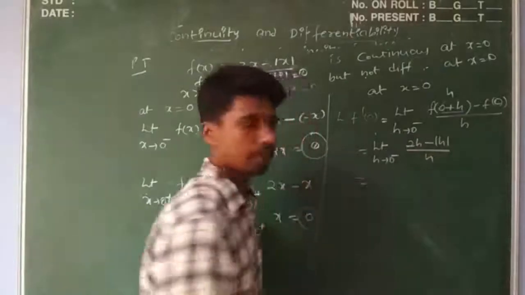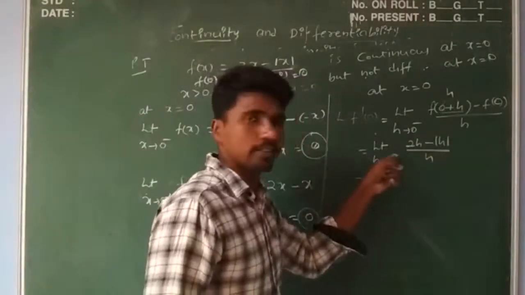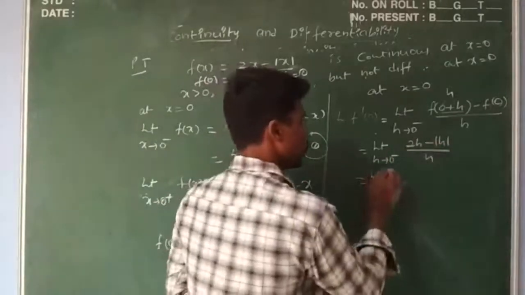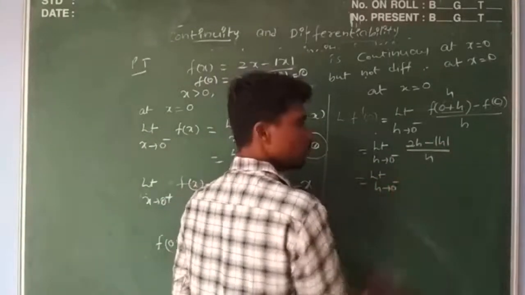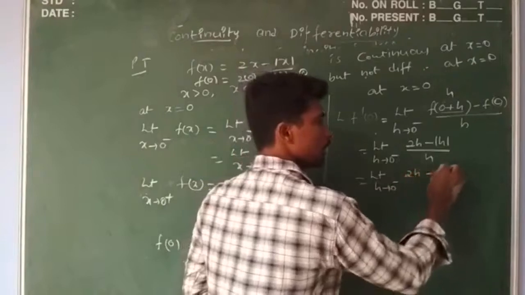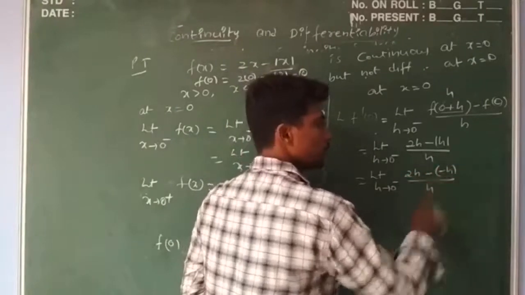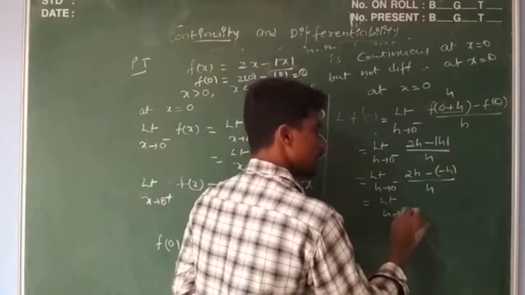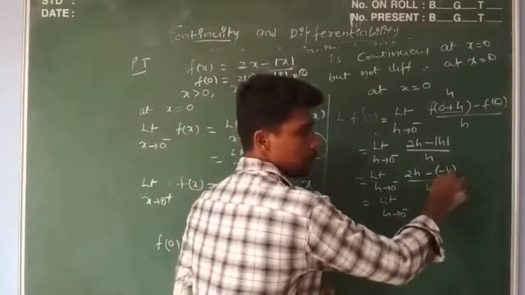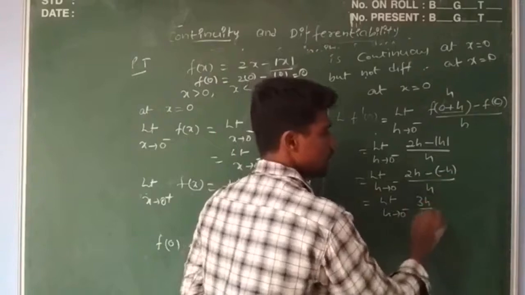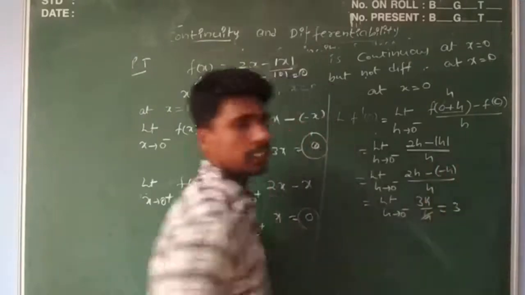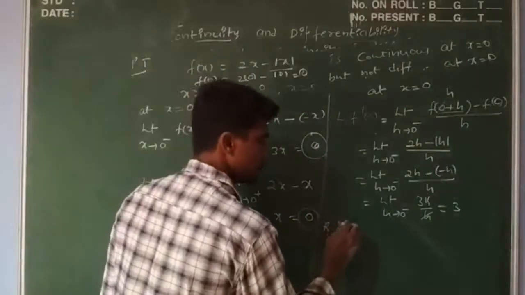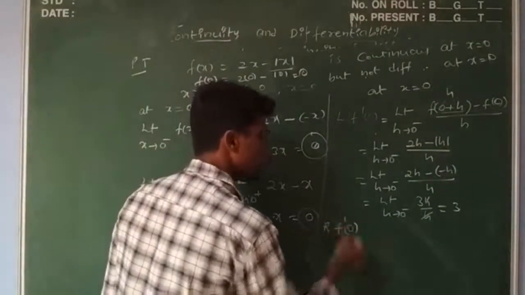Now for h tending to 0 minus, modulus of h acts as minus h. So the limit as h tends to 0 minus of 2h minus of minus h, by h. So what I am getting is the limit of 2h plus h, 3h by h. h and h get cancelled. I am getting 3.